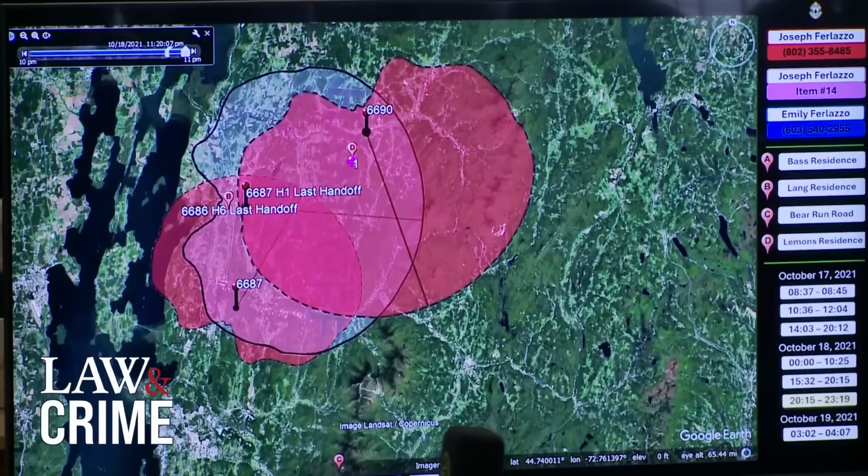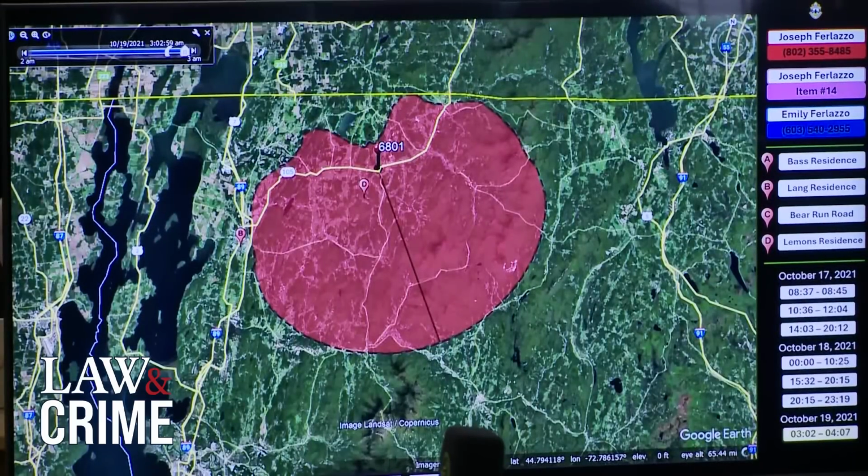Okay. And so when does the mapped data resume? At 3:02 on the 19th. Okay. And can you show us, it looks like 3:02 a.m. to 4:07 a.m. is the final timeline. Can you show us what happens during that time?